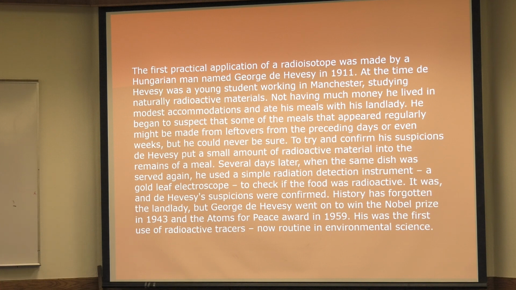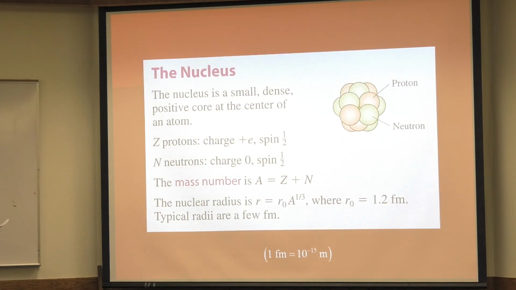History has forgotten the landlady, but George de Hevesy went on to win the Nobel Prize in 1943 and the Atoms for Peace Award in 1959. His was the first use of radioactive tracers, now routine in environmental science. Ha! All right, so all I'm saying, gosh, there are just so many uses of radioactive materials. It's just amazing.